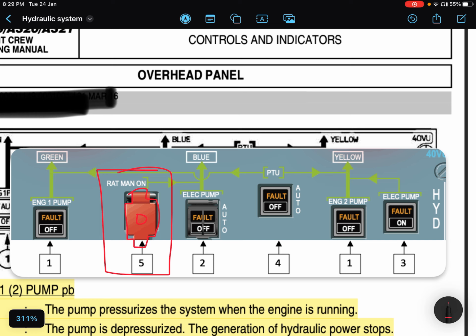Right? Why is it a red guarded switch? It means the effect will be irreversible by pressing this switch. Is it clear for you? If we press the button inside it, then the action will be irreversible. So the RAT will deploy, and you cannot stow the RAT in the air.